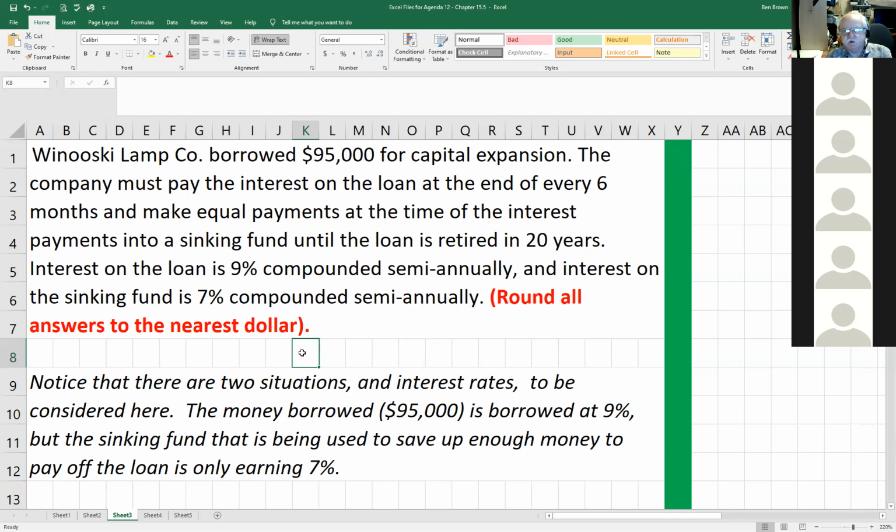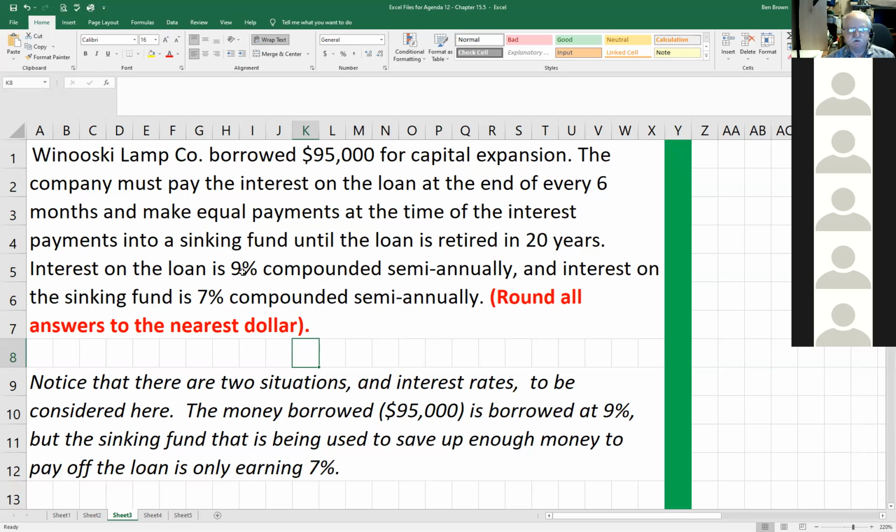So they've got to save up 95,000. So they're basically doing two things here. They're paying interest on the bond, and they're putting money into a sinking fund to pay the bond back. And so they're in a complicated situation.